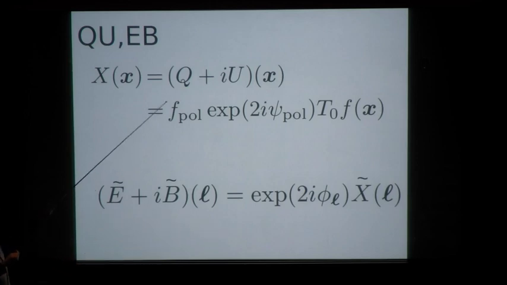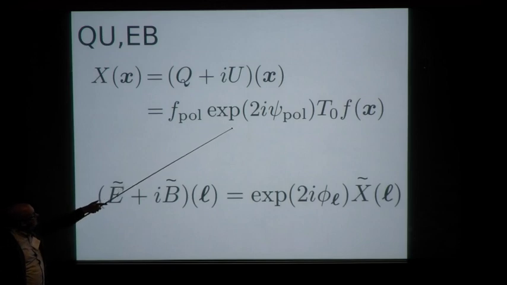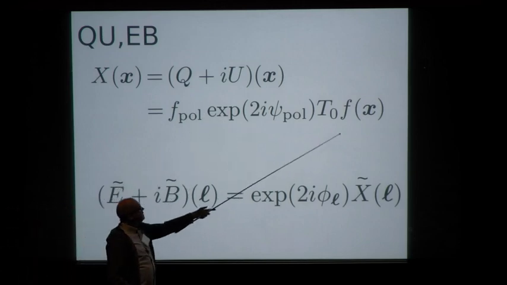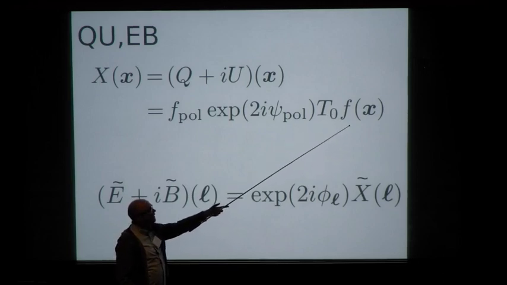So, okay, my complex polarization looks like this, Q plus iU. The bits that I'm going to need, we're going to rewrite this as the polarization fraction, which is just the norm of this divided by the column density, times the angle. So we've got the polarization fraction, some orientation, and then the mean density or the mean temperature and some shape function.